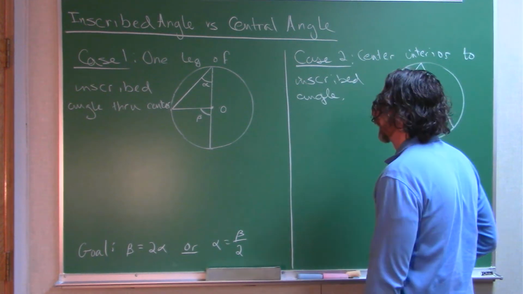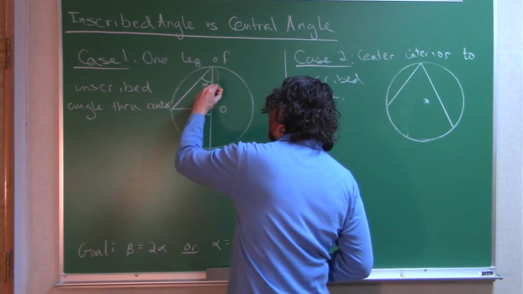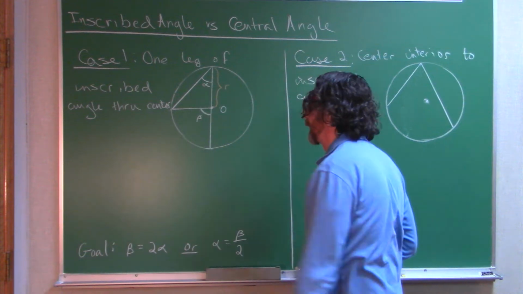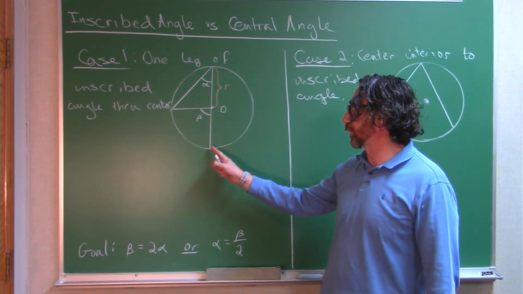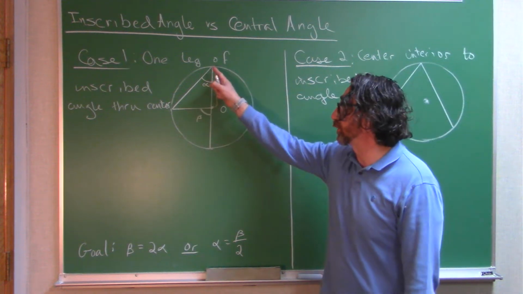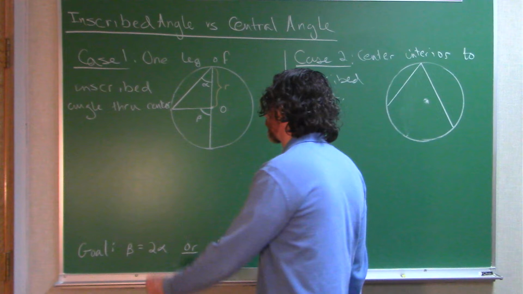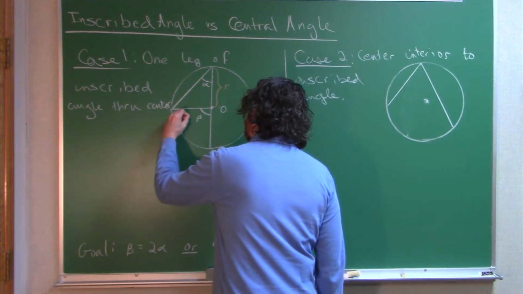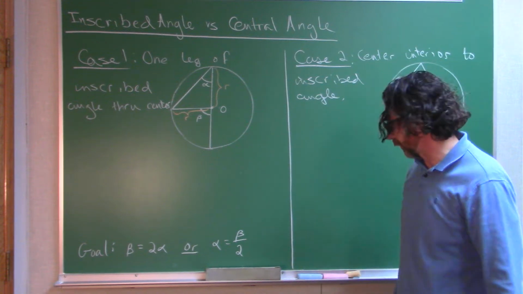So, in this case, notice that leg is the radius of the circle. This leg of the central angle is the diameter, so this portion is the radius of the circle. And this is also the radius of the circle.